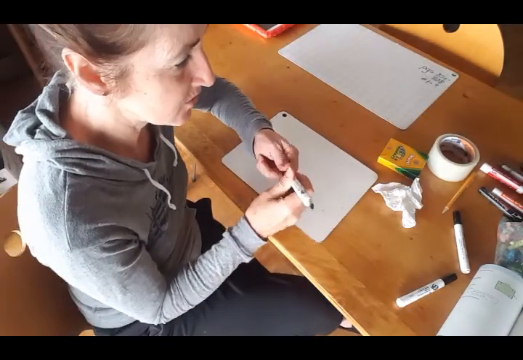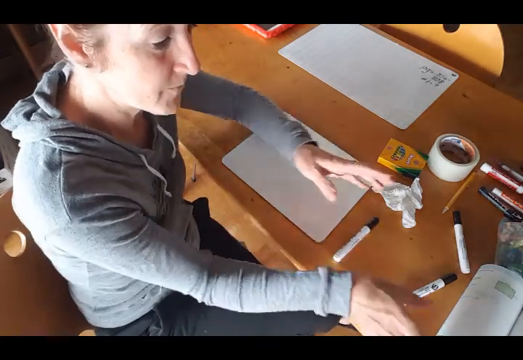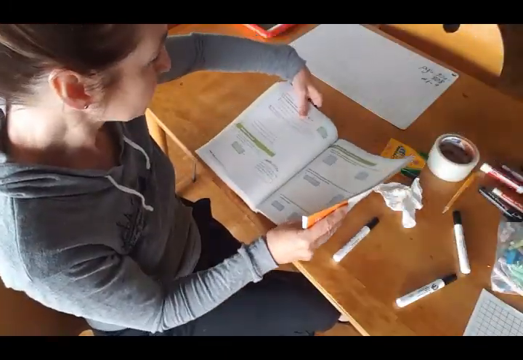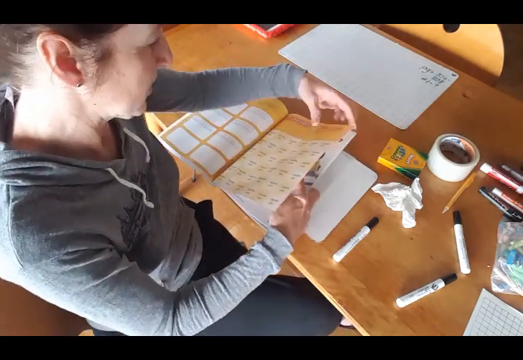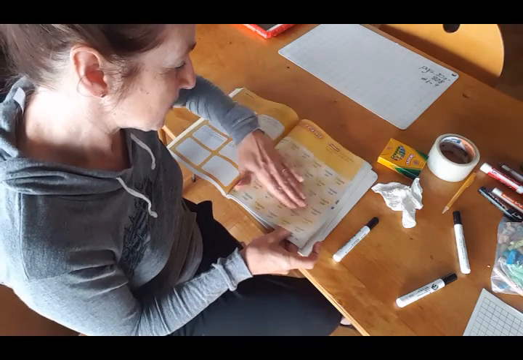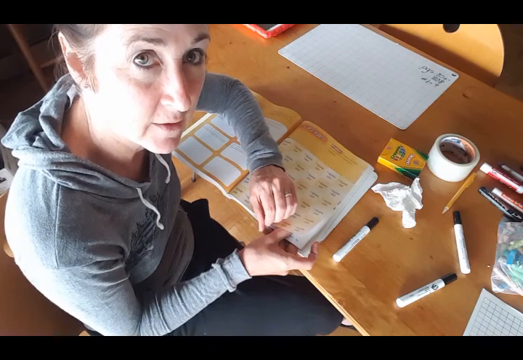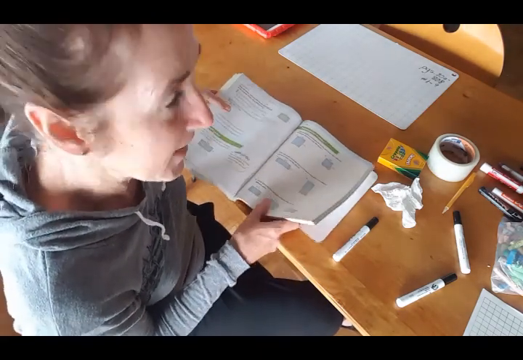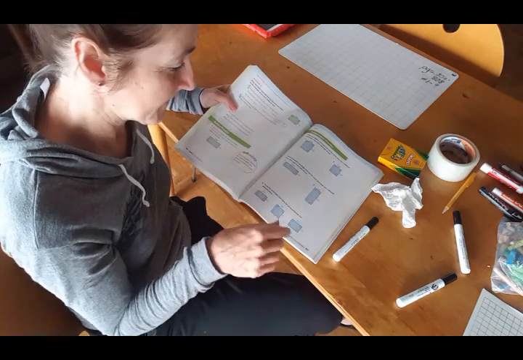And one way to play around with it is with the graph paper you were given, or in your book, in the very beginning of your chapter, you have these square units. And if you cut apart those squares, you can use those for your area, and you can figure out what rectangles you can make. Okay? That might help you when you have to keep the area the same and the perimeter a little different.